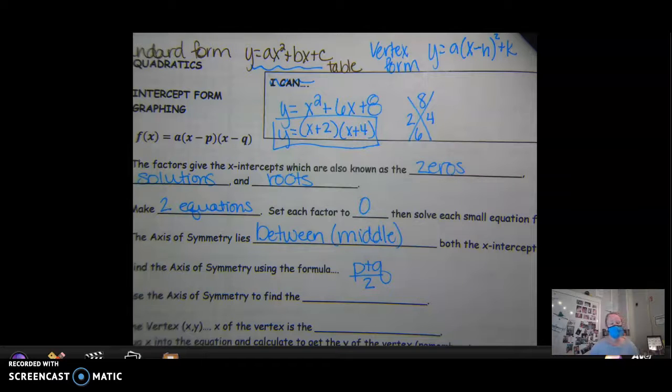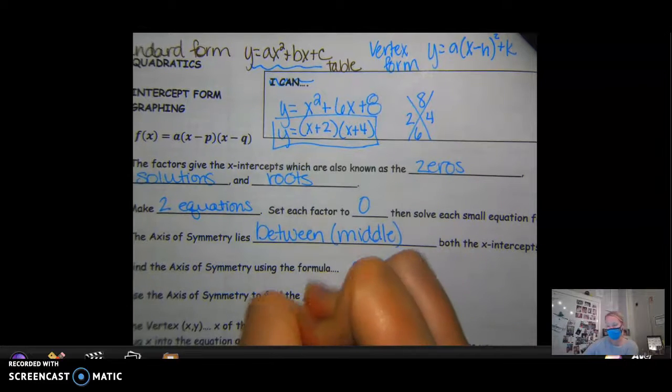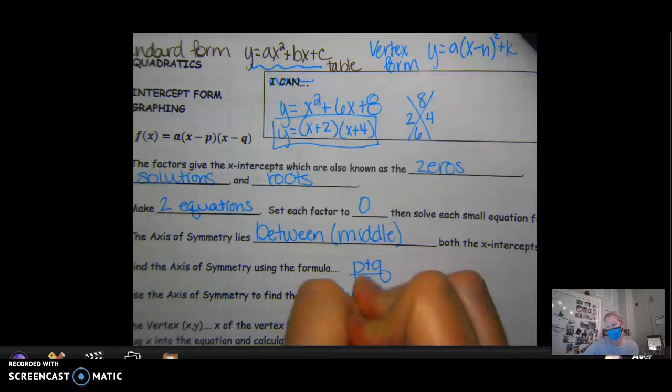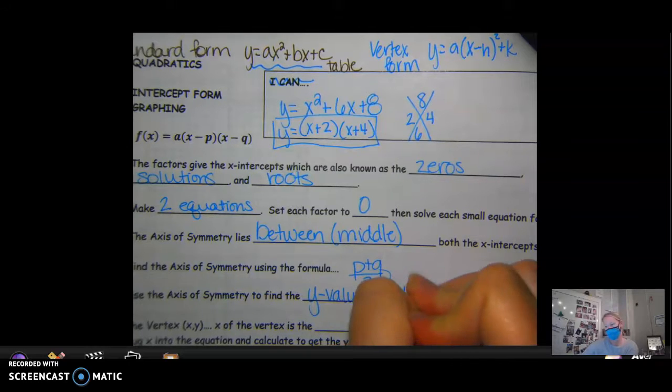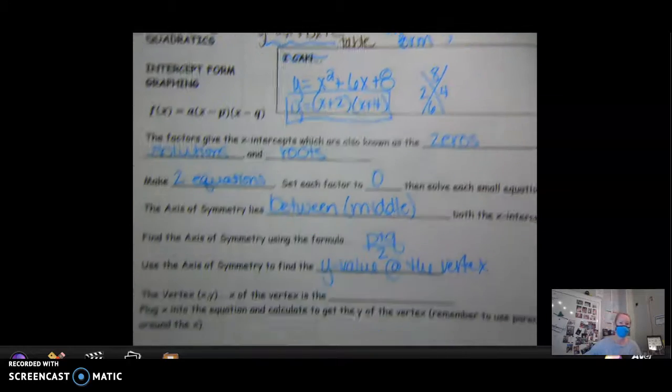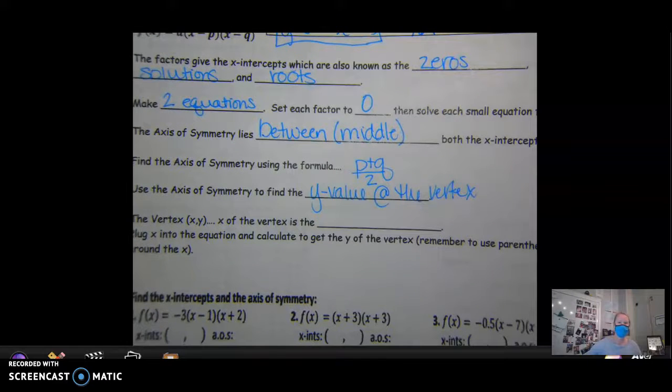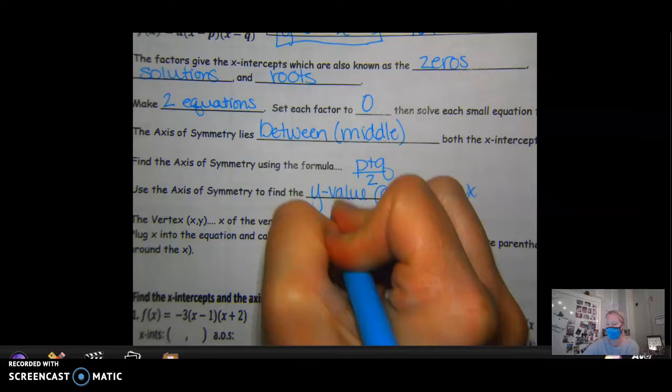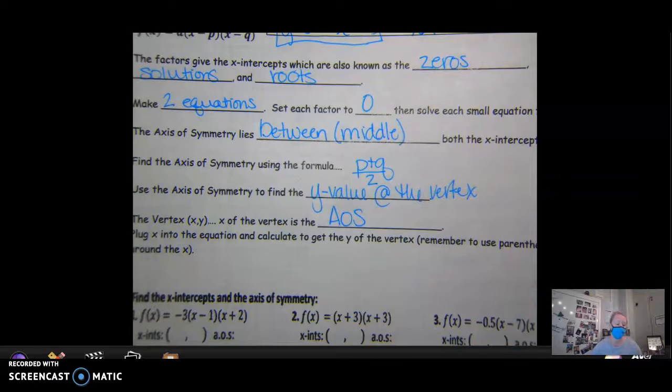Use the axis of symmetry to find the y value at the vertex. The vertex is an x, y point, and the x of the vertex is the AOS. You're going to plug x into the equation and calculate to get the y of the vertex. Okay, that probably made 0 sense. We're going to go through that.